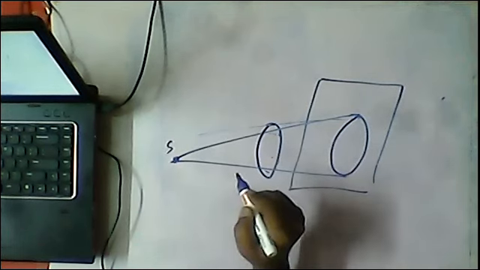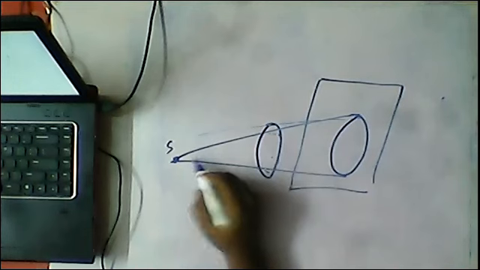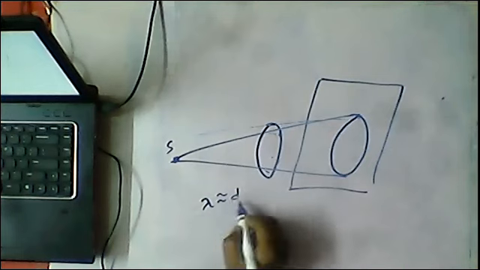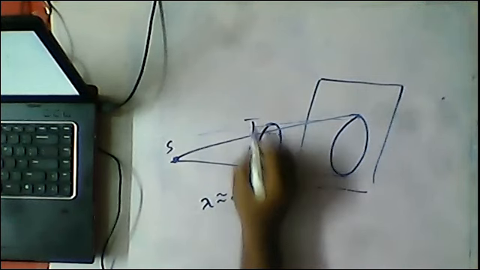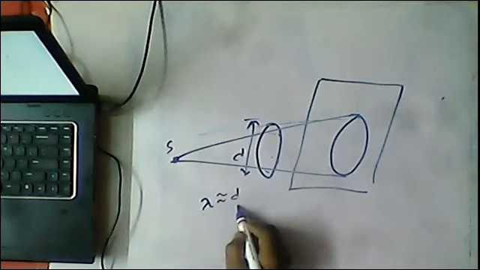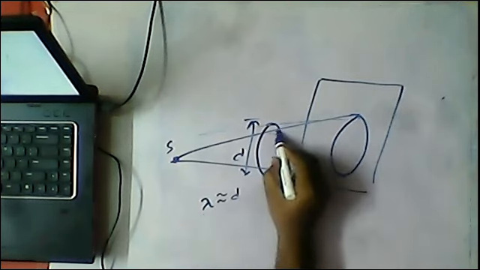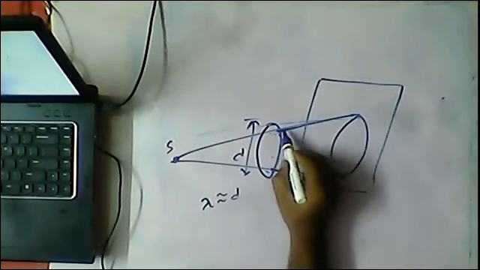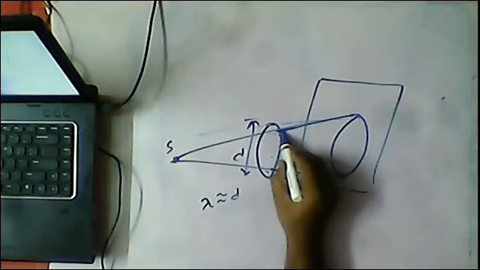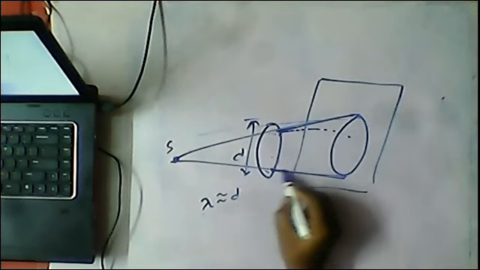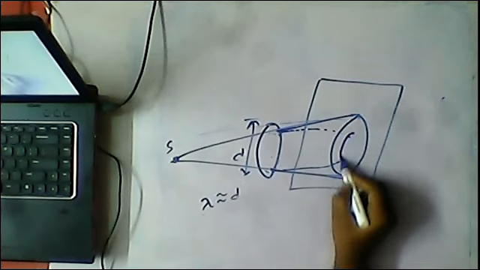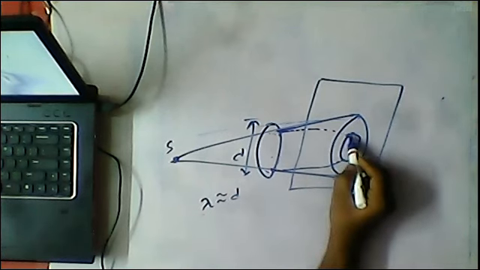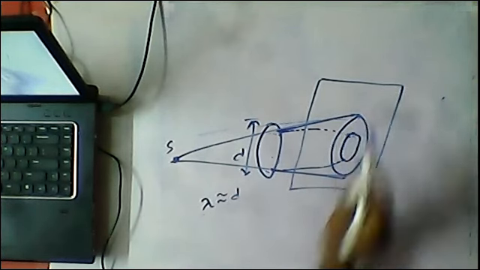It casts a shadow. Now, if the wavelength is comparable with the size of the object, where d is the size of the object, then, if you clearly observe, these two follow rectilinear propagation, but when the wavelength is comparable, at that situation light will bend like this and create alternate bright and dark bands.